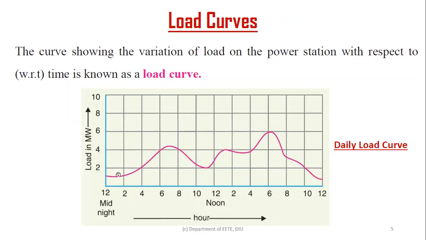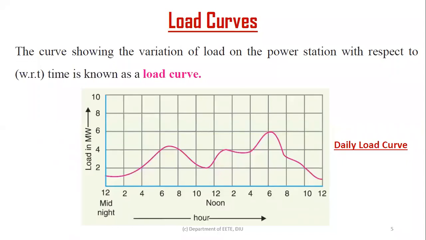And from this graph you can see that there is a variation. So how do we generate a load curve? I'm giving you exact practical information because I have visited quite a few power stations. Basically, every half an hour one person is dedicated to record the power that is supplied.